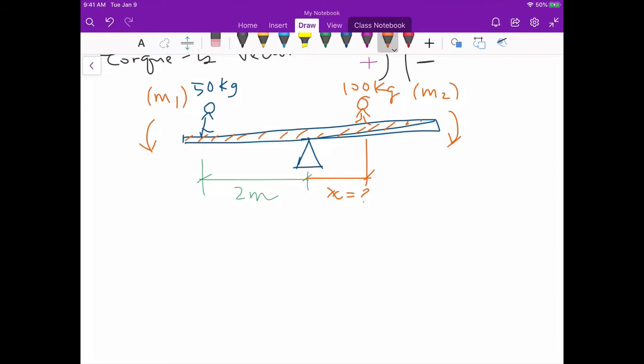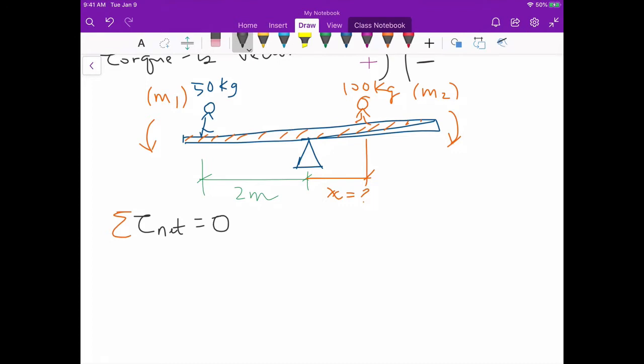Equilibrium means no rotation. Okay, so most of today's lab is going to revolve around balancing a given meter stick. A meter stick means some kind of a ruler. The first thing you need to know is that equilibrium means the net torque acting on the given system has to be 0.